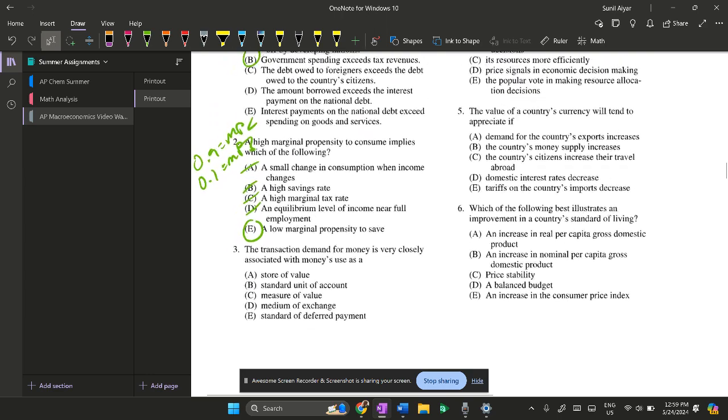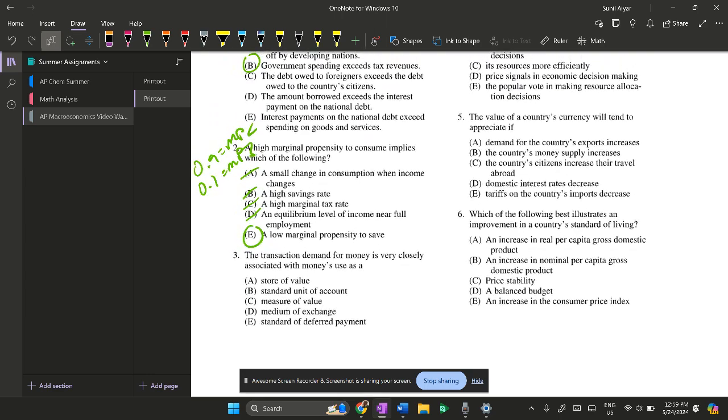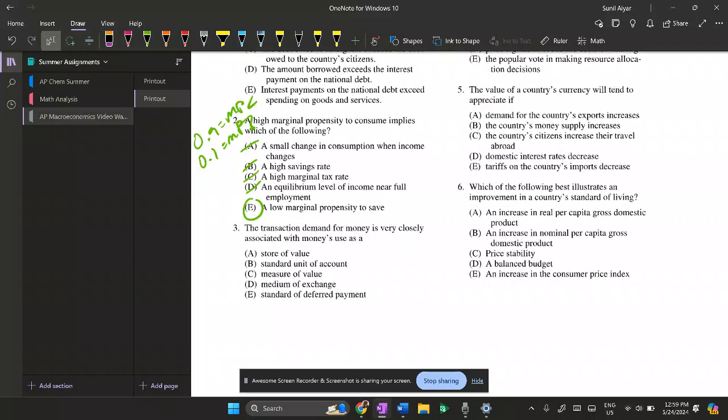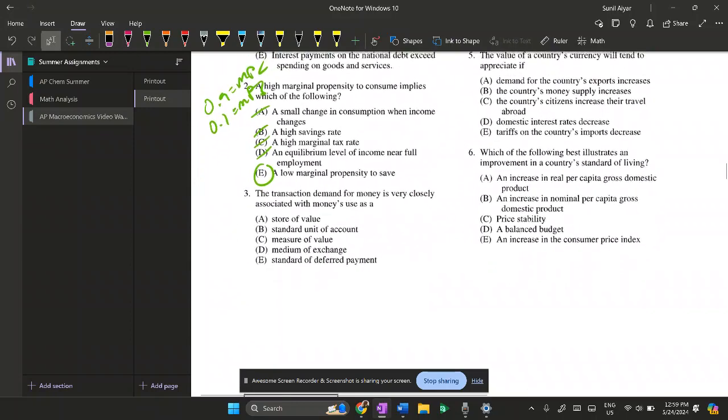Okay, so the transaction demand for money is very closely associated with money's use as store of value, standard unit of account, measure of value. So we can just cross out measure of value and standard of deferred payment. Those aren't associated with money, or at least the things that you learn, but these three are SSM: unit of account, store of value, or medium of exchange.